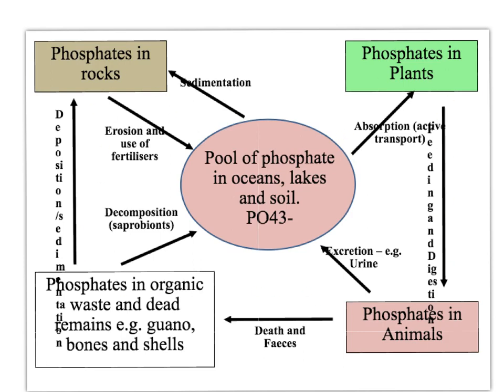At the minute, there is a concern that at some point the concentration of phosphates in the soils may become limiting and may reduce the yield of crops and make it harder to grow enough food, as replenishing the phosphates in rocks is a lot slower than what is being used.